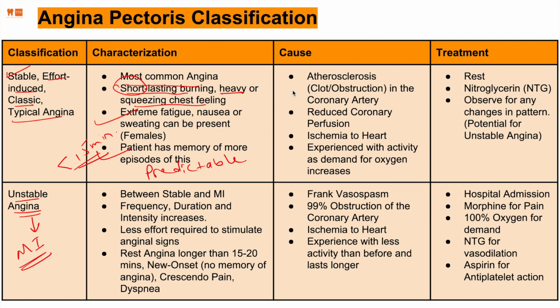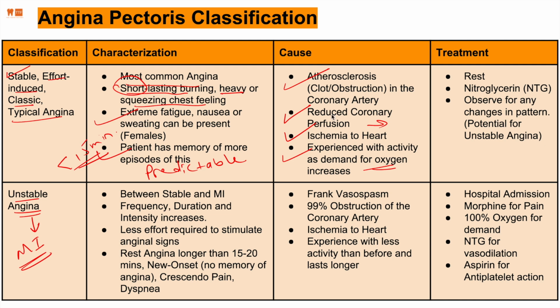So what causes stable angina? We mentioned atherosclerosis or clot obstruction in the coronary artery. That's perfect. Reduction in coronary perfusion, which means blood flow. When that is reduced, there is ischemia presented to the heart, and that is generally experienced with activity as demand of oxygen increases. So if you've gone for a sprint, for example, your heart needs more oxygen.